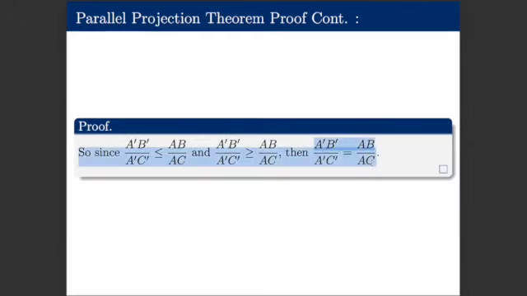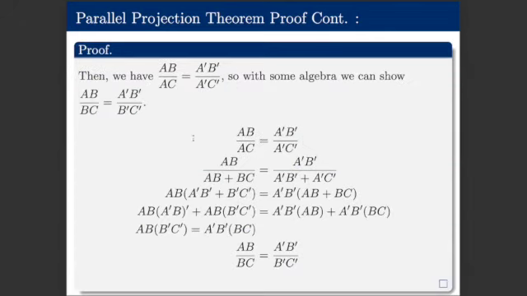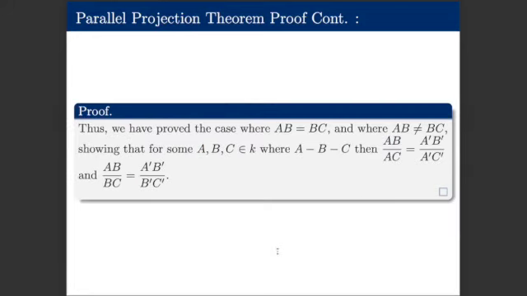Then building off of this, we can use some algebra to get the second half of our theorem, saying that AB over BC is equal to A'B' over B'C'. This is just the algebra, so we can go through it quickly. We're dividing by AC, breaking it up into AB plus BC, and then cross multiplying, and then we see AB times A'B' cancels out, and we get back to AB over BC is equal to A'B' over B'C'.